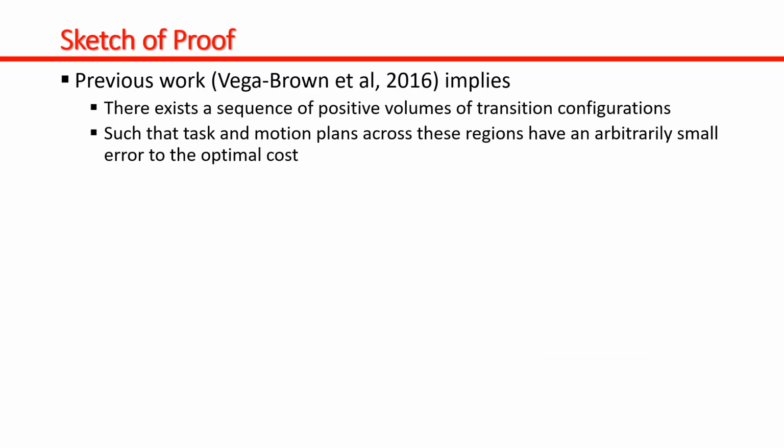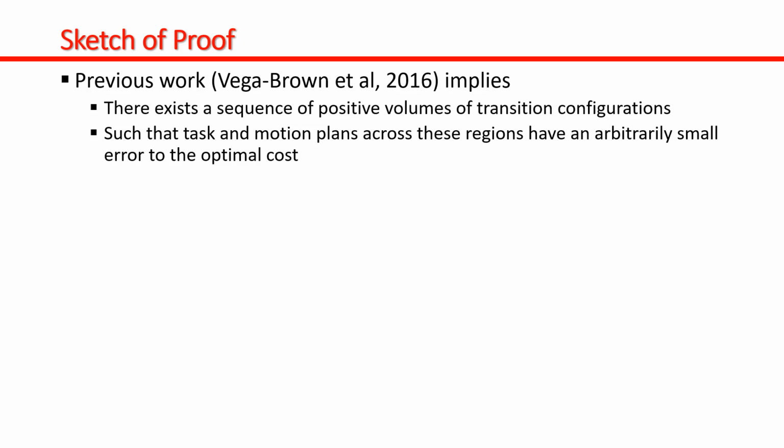So a brief sketch of this proof, or the sequence of arguments that we followed, involves first going back to the original work by Vega-Brown, where he showed that there exists a sequence of paths which describe task and motion planning solutions that would have very small errors with respect to the optimal task and motion planning solutions.